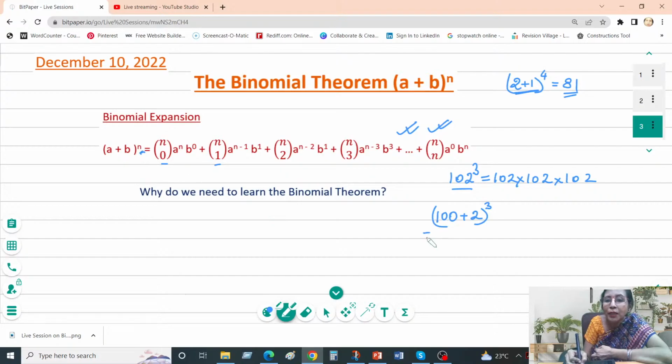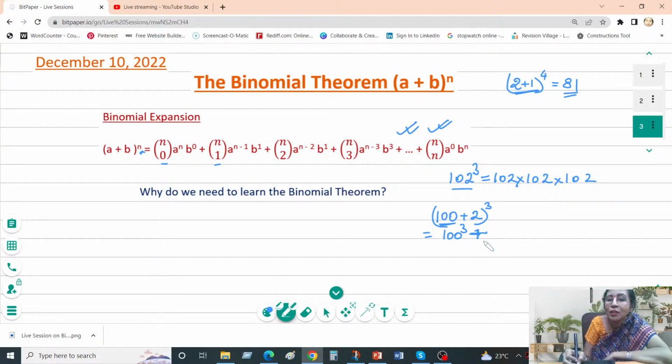So what will be the expansion of (100 plus 2) raised to the power of 3? We know the first term will simply be a to the power of n. a is 100 in our case, so it will be 100 to the power of 3 because n is equal to 3. The second term will have nC1 as the coefficient. The first term's coefficient is nC0, which is 1.